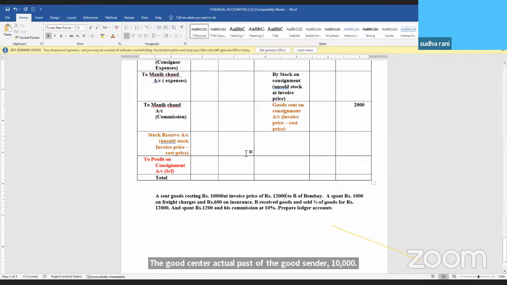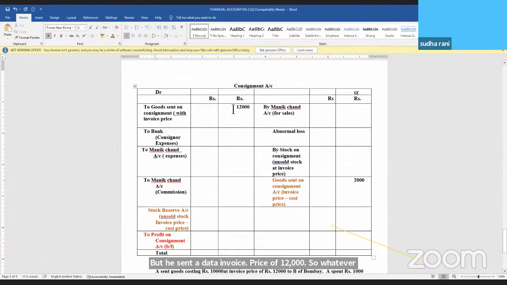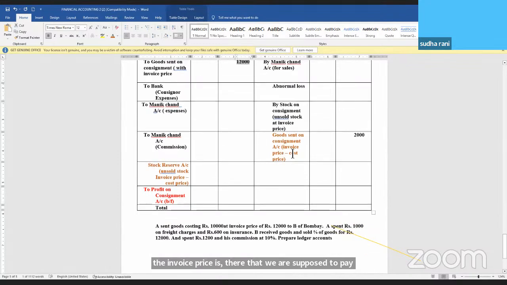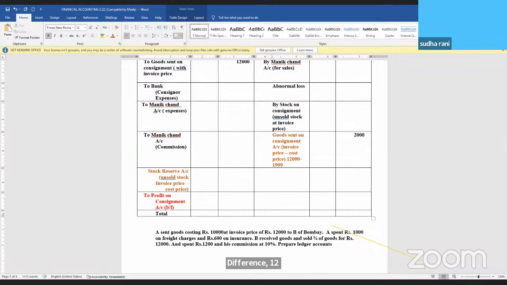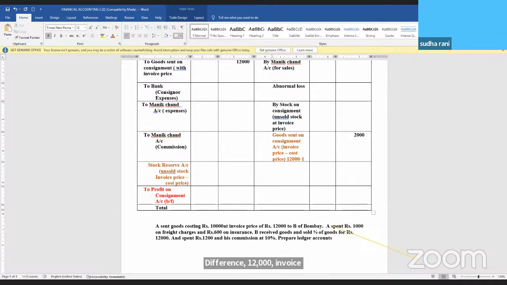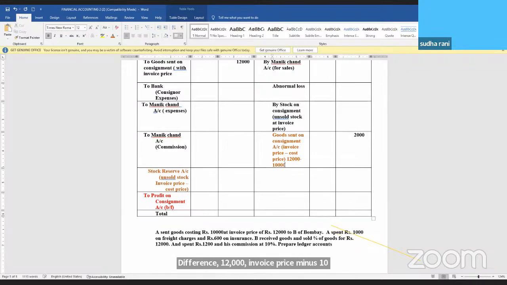Whatever the invoice price is, we are supposed to show on the debit side of goods sent on consignment. And on the credit side of goods sent on consignment, we show the difference: 12,000 invoice price minus 10,000 actual cost price, which is 2,000.